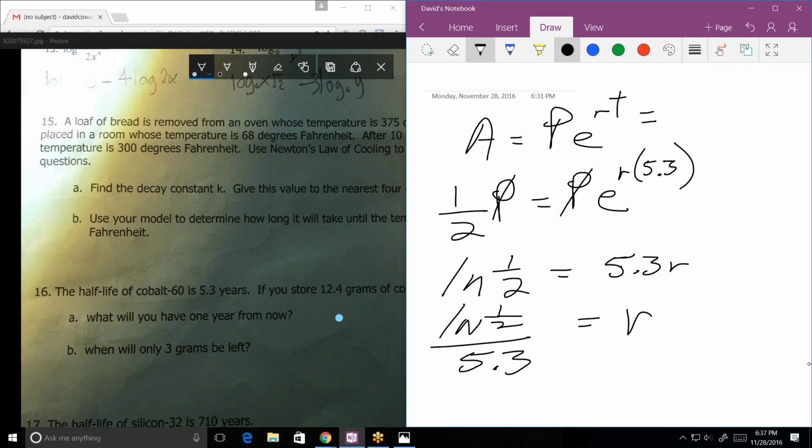The starting amount is 12.4 times E. Well, what is R? R is that number right there, and that is a negative number. I know it's a negative number because the natural log of a number less than 1 is negative.